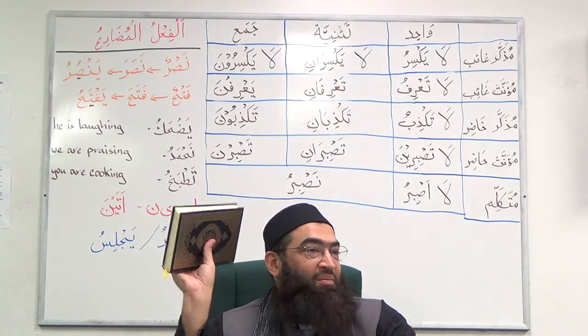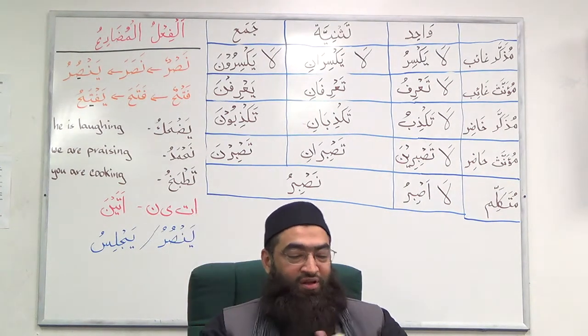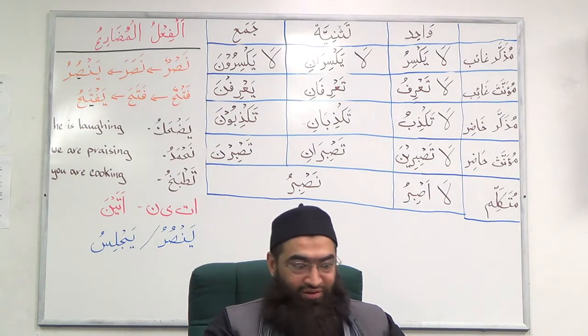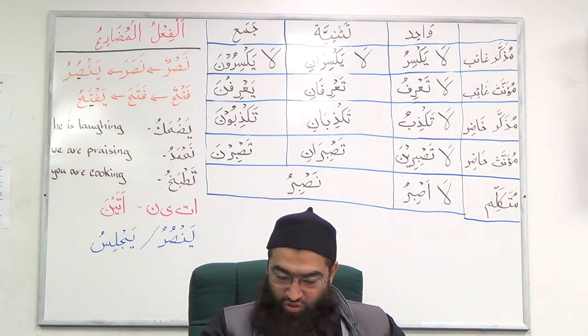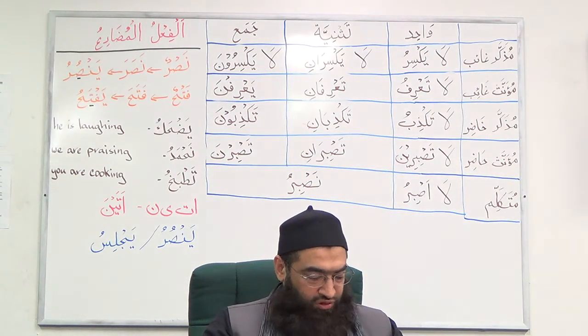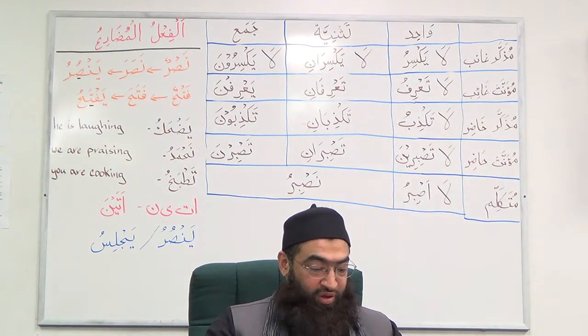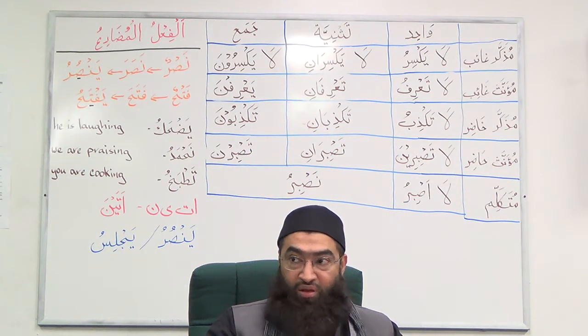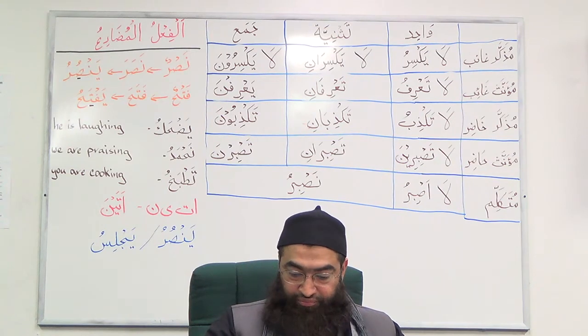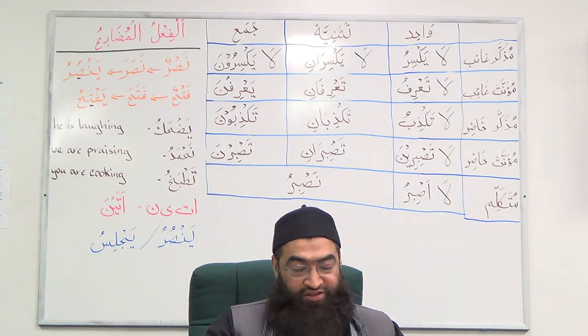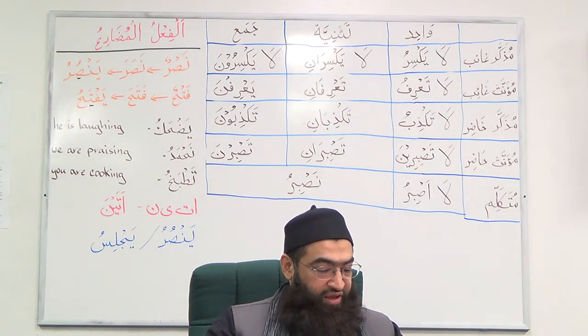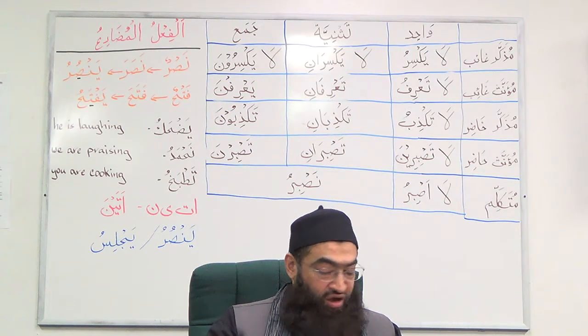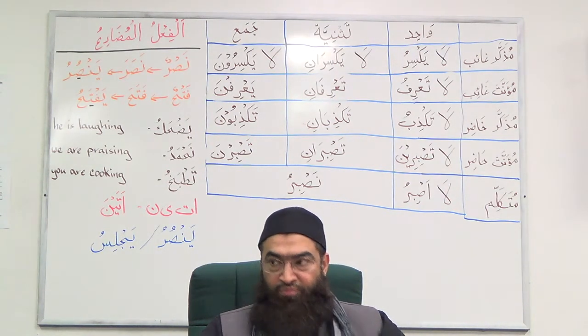Alright, let's take some examples from the Quran. So we can, I'm going to go to the last surahs. Hopefully we've memorized those so it becomes a little bit easier. Alright, Surah Humaza. Surah Humaza is the 104th surah.